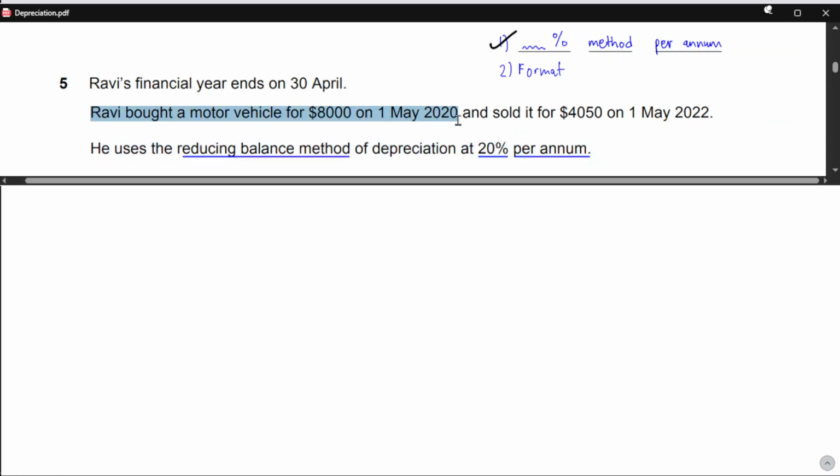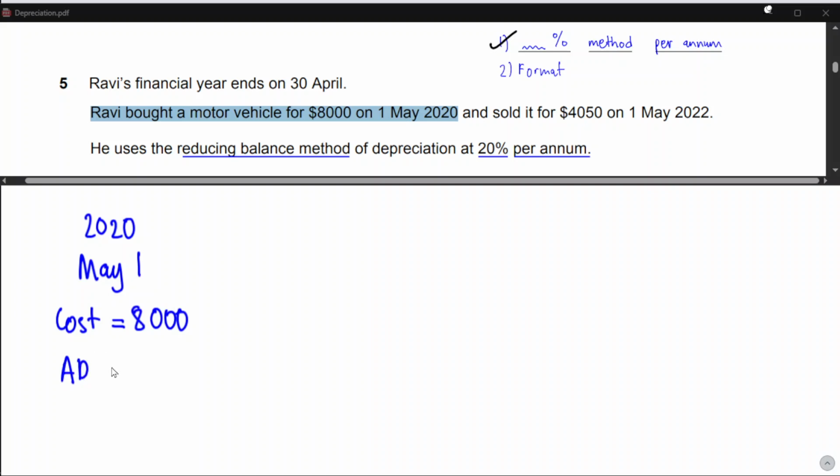He bought something new on this day, so the cost is this, and since it's new, the accumulated depreciation will equal 0. So let's continue.